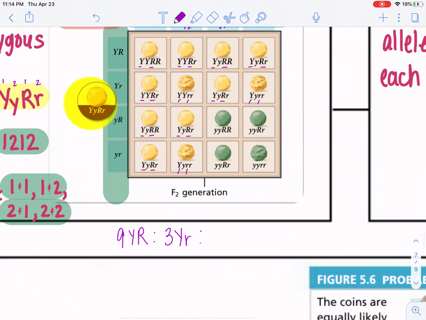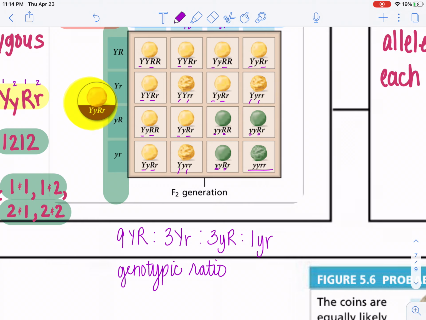So little y, big R, four times, and that's it. That's another 3, little y, big R, and then 1. That's my final one there, little y, little r. My genotypic ratio would be 9 to 3 to 3 to 1.